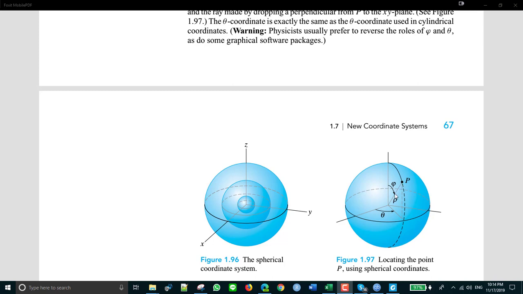The r was only in the two-dimensional plane, so we had to drop down to here and ask what the distance from here to here is. That was r. Then z would take us up to here. So when we're talking about three dimensions, this is the distance from the origin to the point.